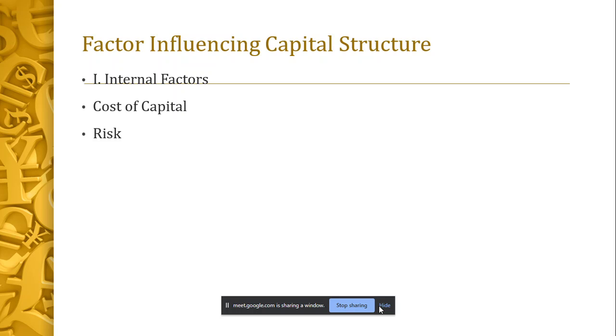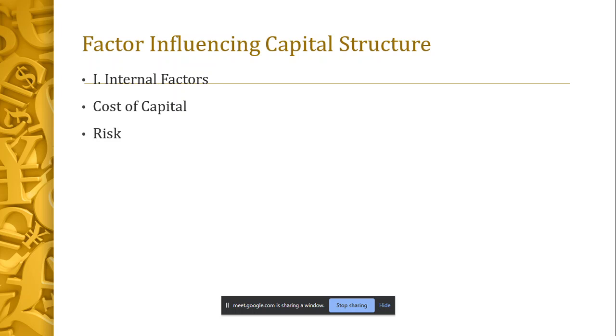If you are going for the data from Prowess, most of the time you will be using the ratios. There are many types of ratios through which, to some extent, we can understand the risk.